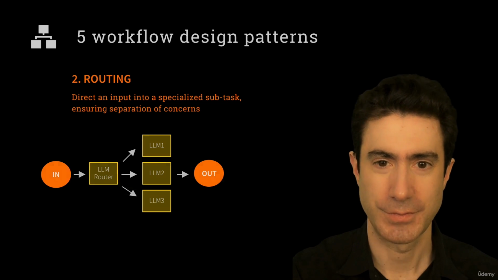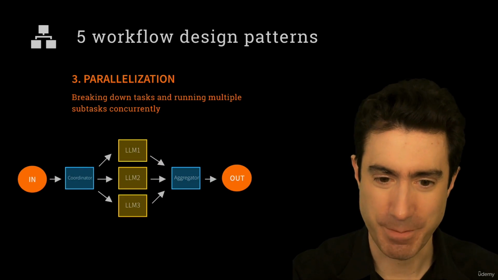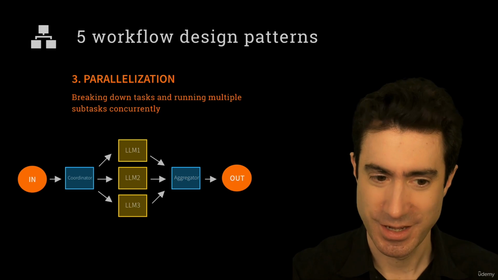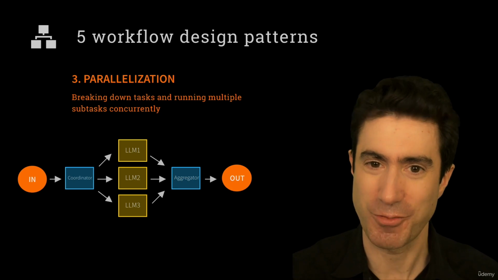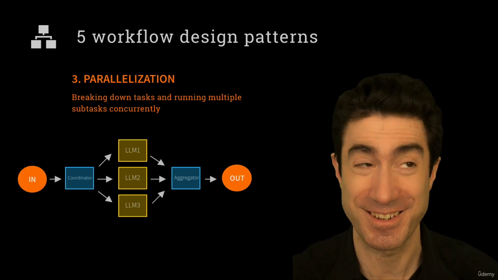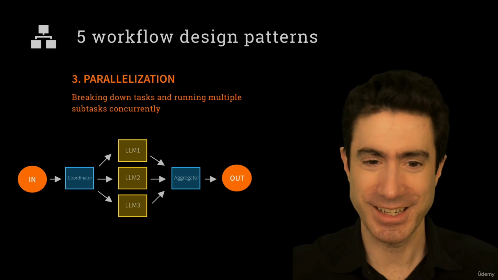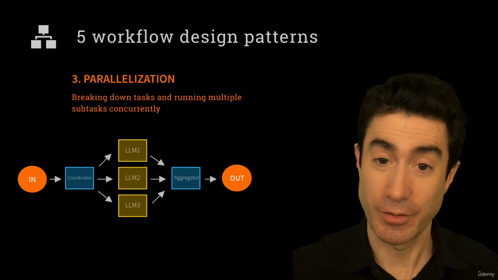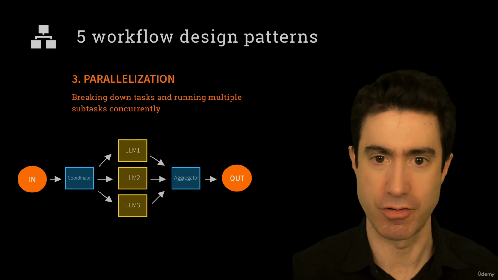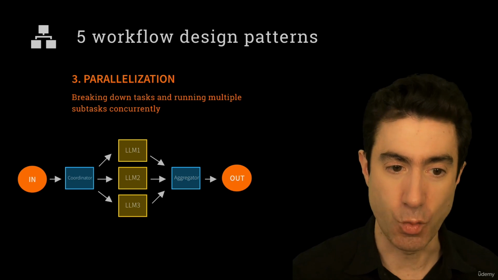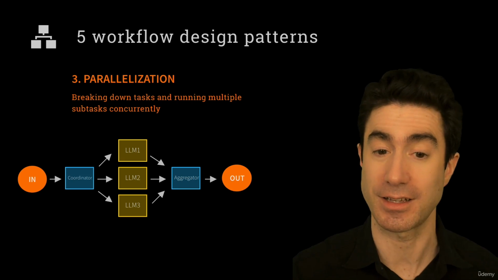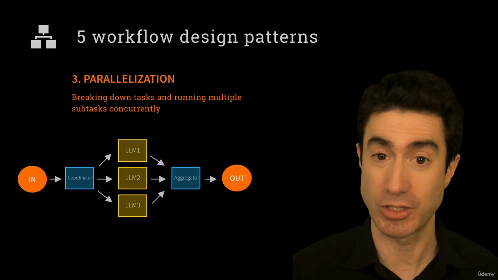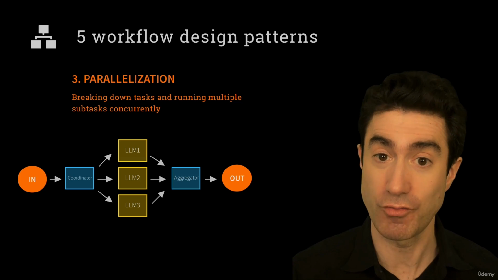And on to the third design pattern, parallelization, which at first blush might look quite similar to what we just talked about. There is a lot in common with these design patterns. But the idea here is that you have, remember the blue boxes represent code, our code, not an LLM. So we write some code that takes a task and breaks it down into multiple pieces that should all run in parallel.